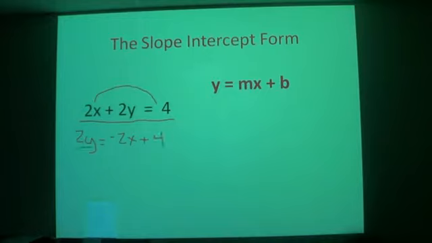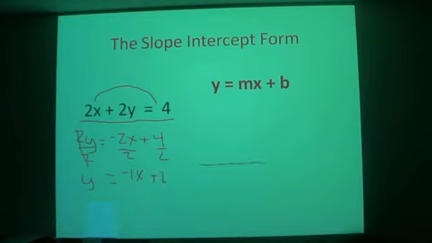Divide both sides by 2. This 2 cancels that 2, leaves me with y, and negative 2 over 2 just becomes negative 1x. I don't even have to put the negative 1 there, I can just put a negative x. Plus 4 divided by 2 is 2.